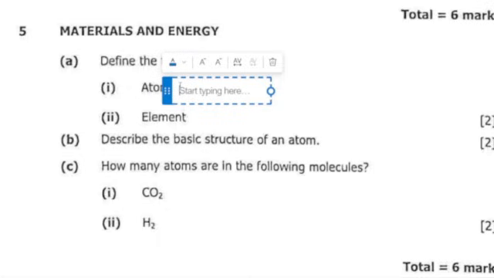So an atom is the smallest particle of a chemical element.